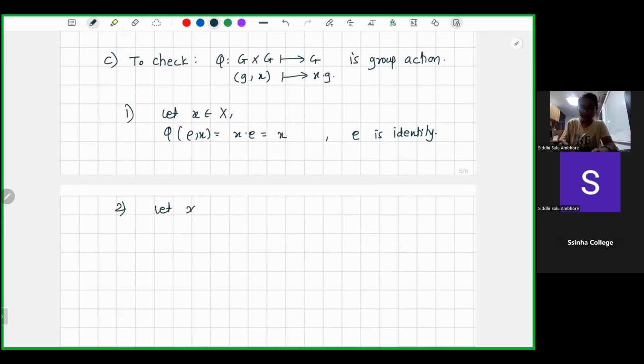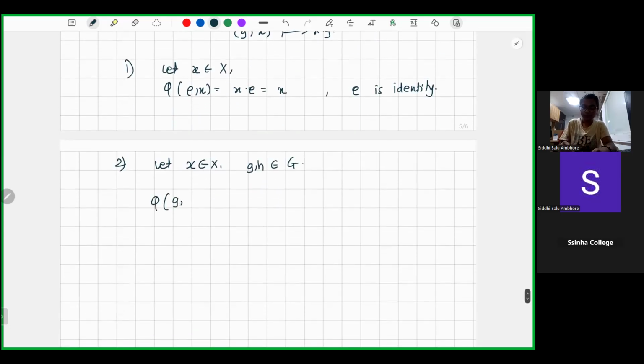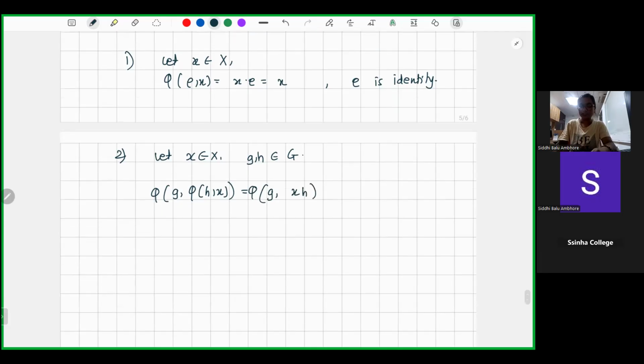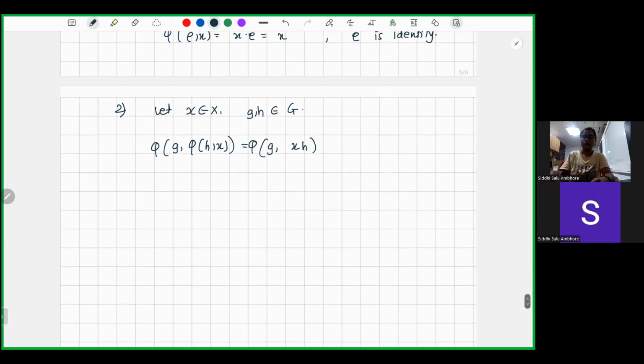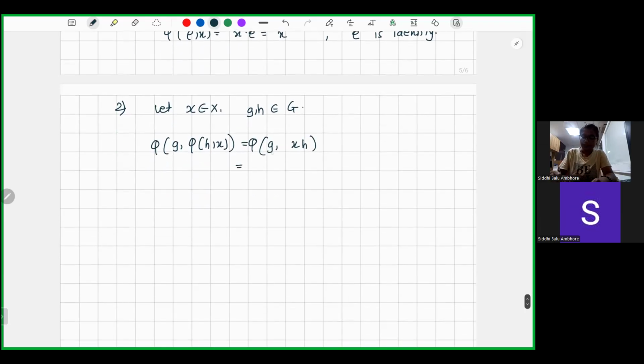But now the second one. So let x belong to X and g, h belong to my G. Okay, so this you can do, and then phi of (g, phi(h, x)) will be what? Phi of g. Now hx is xh. The order is reversed, and now it is xh into g, right?